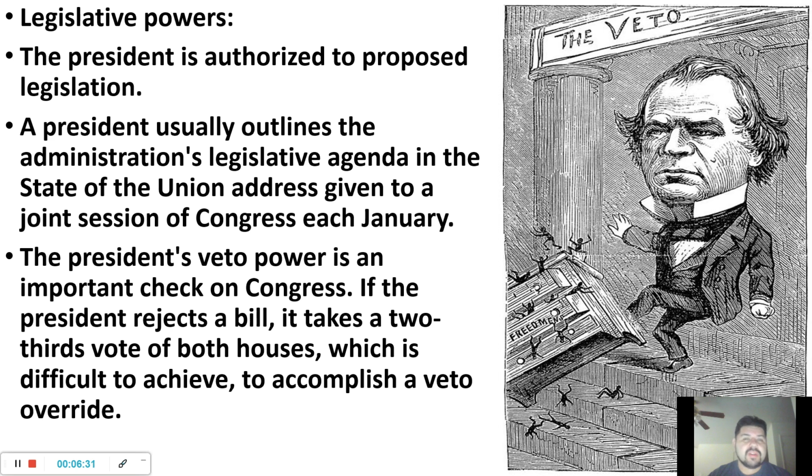Now, if Congress really wants it to pass, they have to have two-thirds of both houses, the House of Representatives and the Senate, vote on it. So, like in the Senate, there's 100 senators. Basically, they would need 66 senators to vote for it. 65 won't do it. It has to be 66 or above.